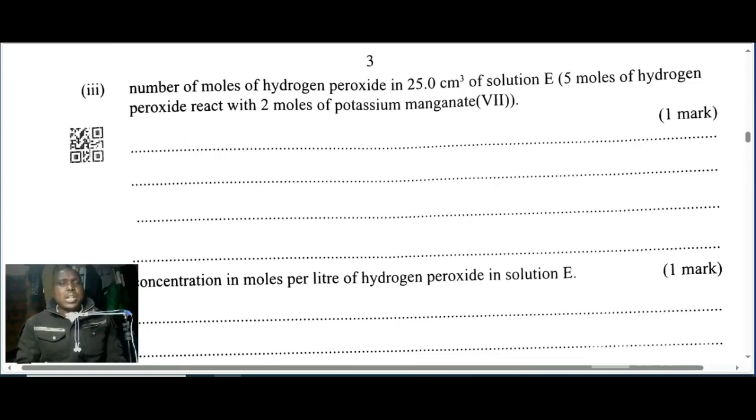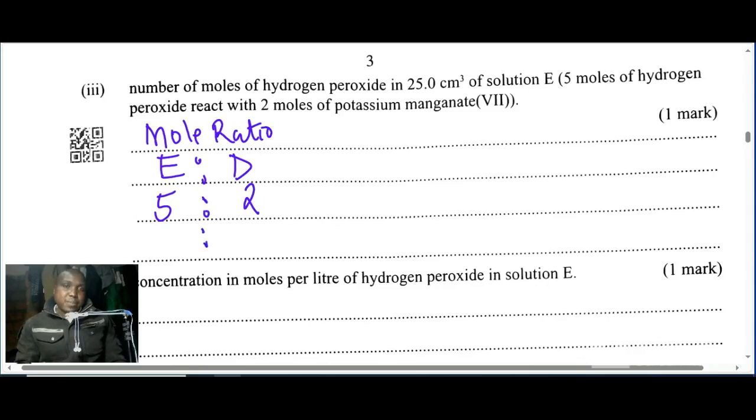You should know that. So here we have already been given the mole ratio. So solution E, 5 moles of hydrogen peroxide, hydrogen peroxide in solution E. So they were 5, which reacted with this one, 2.